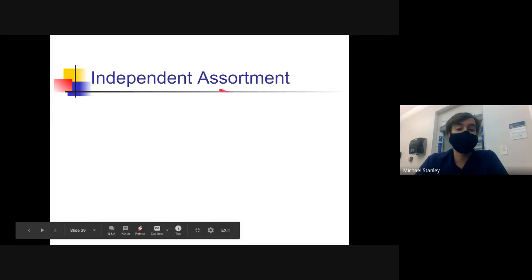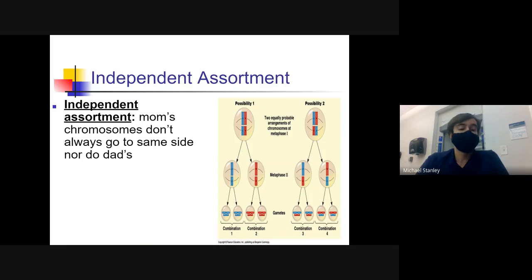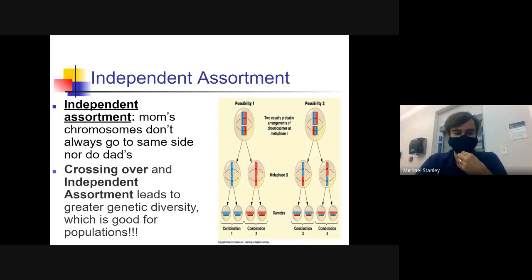All right, so the last thing that I want to mention when it comes to meiosis is the idea of what's called independent assortment. Essentially, this is the idea or the process by which the chromosomes don't always separate the exact same way every time.